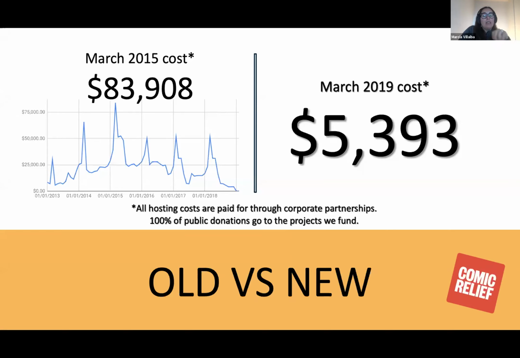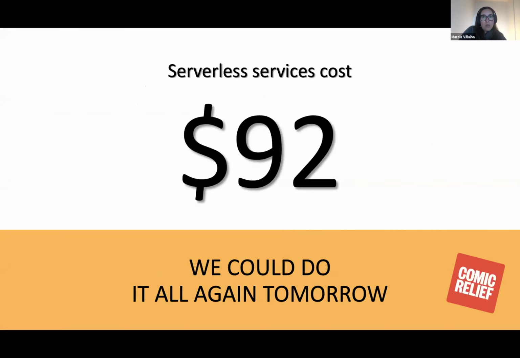In 2019, after the migration was done, it was $5,400 a year, of which only $92 was for this Donate service. The rest was basically their Drupal monolith that they have for their static content and for other things. And they have everything as infrastructure as code. They can replicate it as many times as they want, they can test it, they can grow it, they can change it.